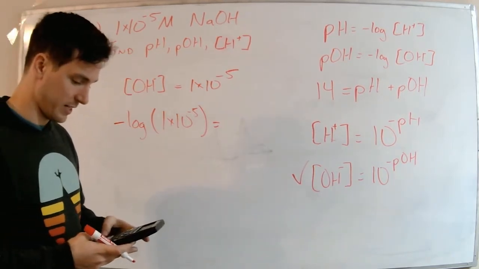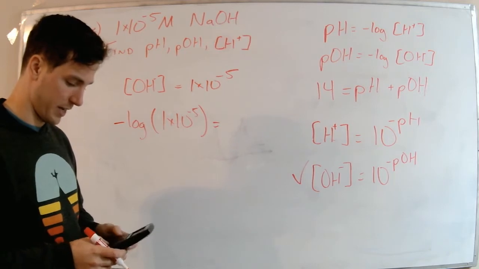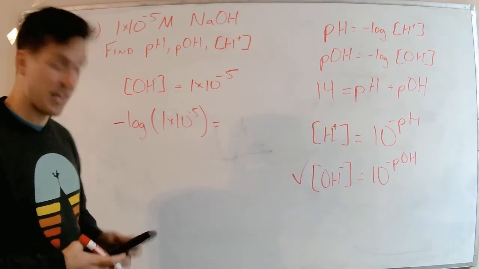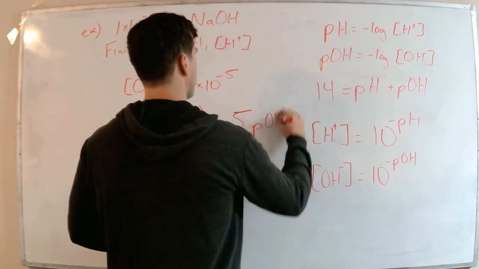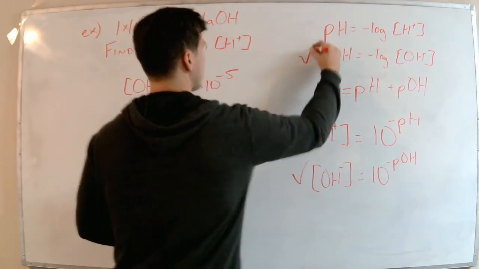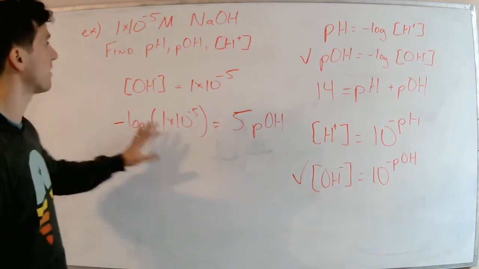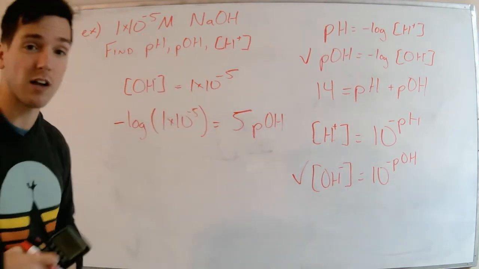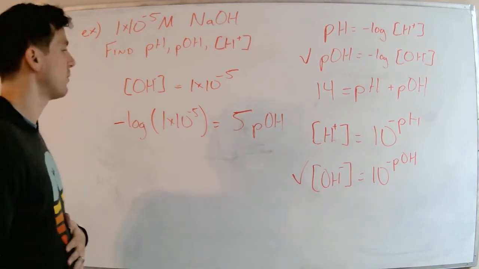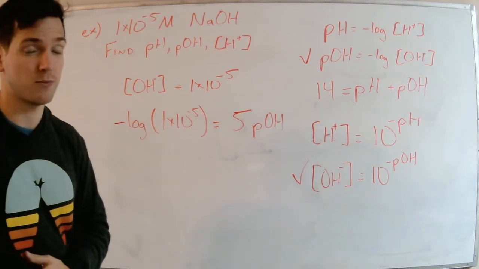So let's take the negative log of 1 times 10 to the negative 5th, and we get 5. Okay, and that is our pOH, right? Because we took the negative log of the concentration of a base, it gave us pOH. If we took the negative log of a concentration of an acid, it would have given us pH.